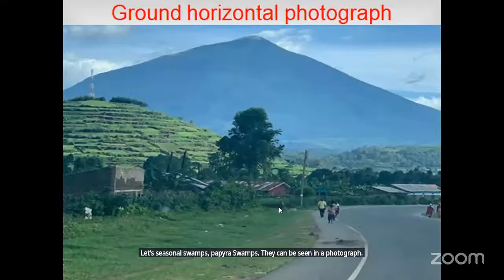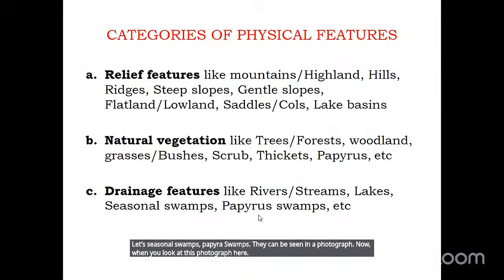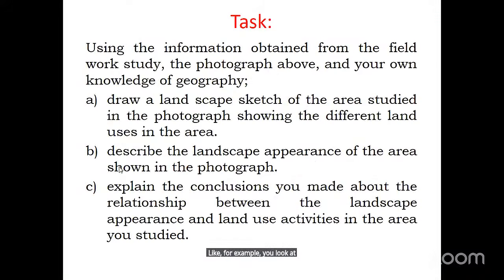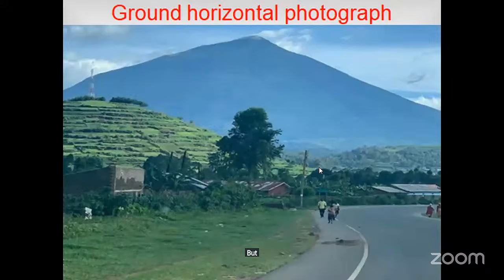Now, when you look at this photograph, for example the task B, they are saying describe the landscape appearance. The word landscape appearance means the relief of the area. They are saying describe the relief of the area. But this photograph has no names of the features.